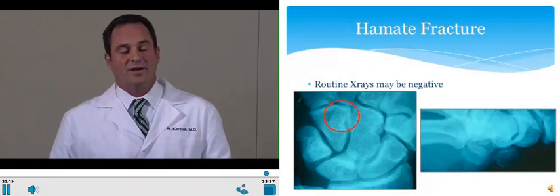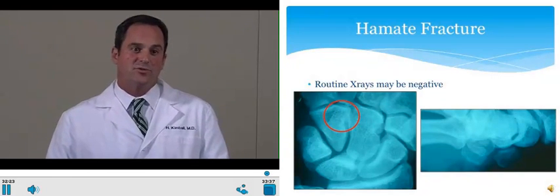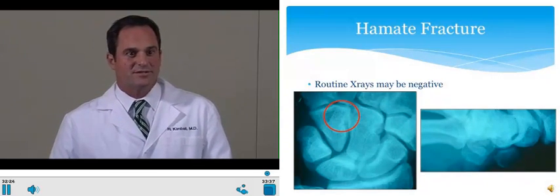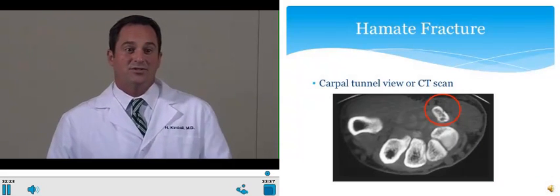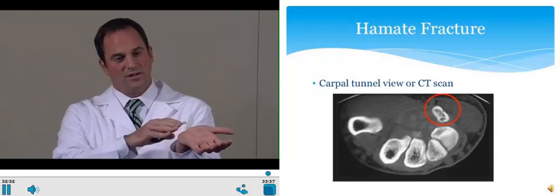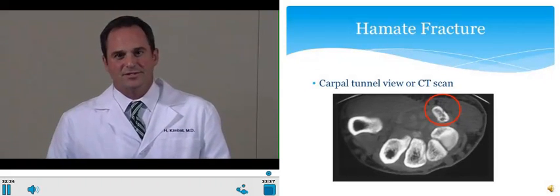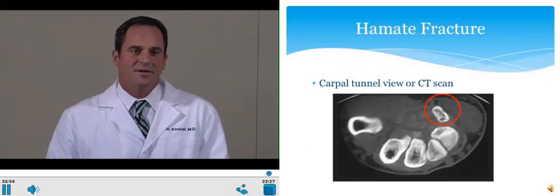Again, routine radiographs would more than likely be normal, so we do have to do some special imaging, and that's typically a CAT scan. Occasionally a carpal tunnel view of x-ray down the carpal tunnel itself may elucidate that, but it's much easier seemingly with a CAT scan.